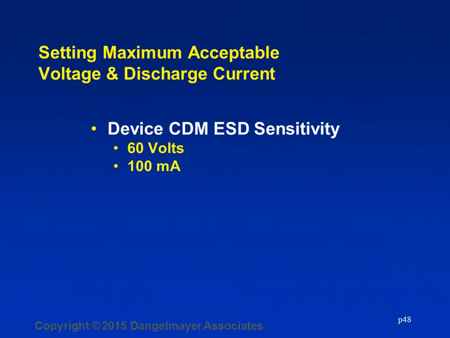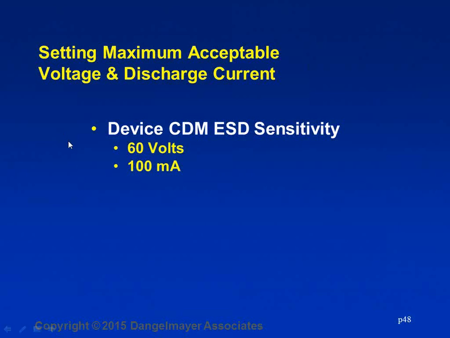We knew up front that the CDM withstand voltage was 60 volts. We did not know what the associated discharge current was. So we had the test redone, recorded the discharge current at destruction, and found it to be 100 milliamps.